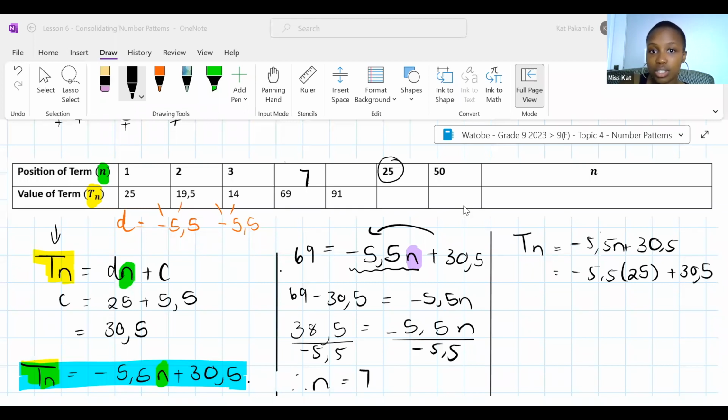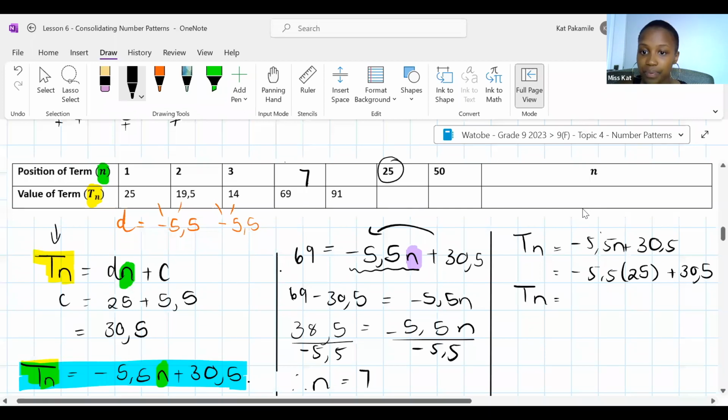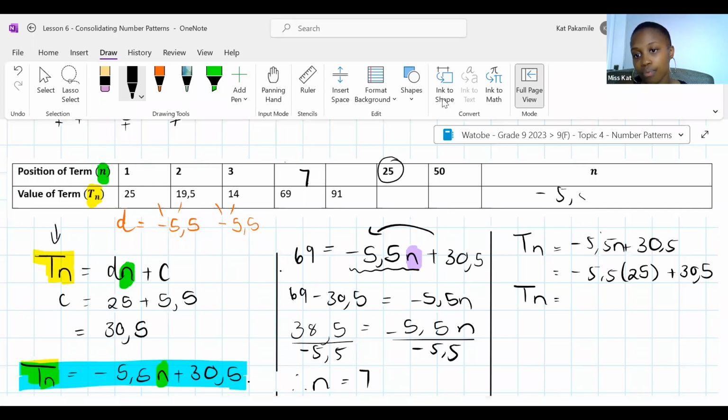Yes, Chichi, but we're working too slowly. So I want us to find the value of this one. Tell me, in position 25, what is the answer? I keep forgetting the n. Negative 11 for 25, and then someone else says 168.